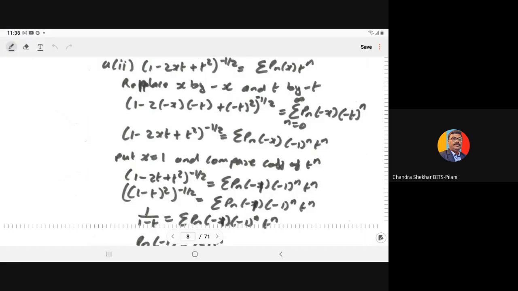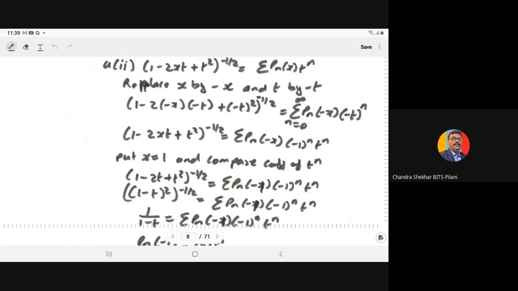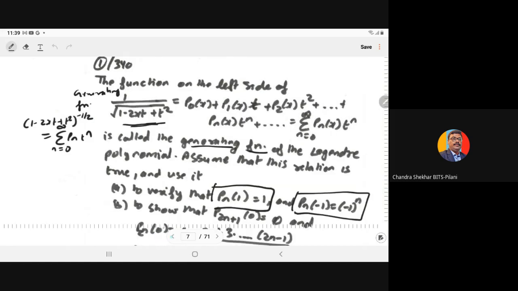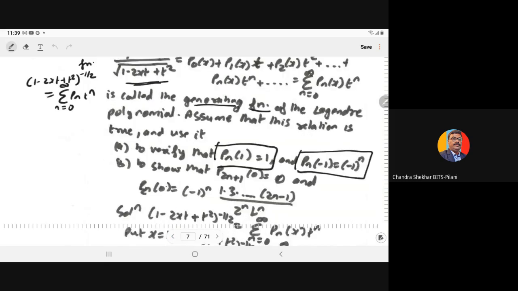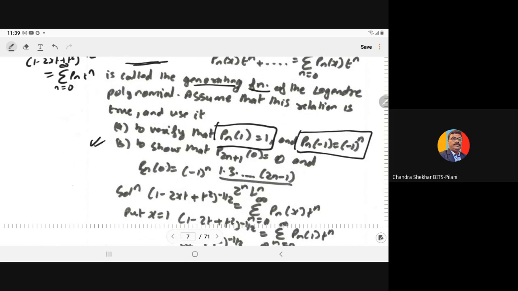Then after, now in the B part, P of 2n plus 1 at 0 is equal to 0 and P_2n at 0 is equal to minus 1 to power n, 1 into 3 into dash dash dash into 2n minus 1 upon 2 to power n upon factorial n.